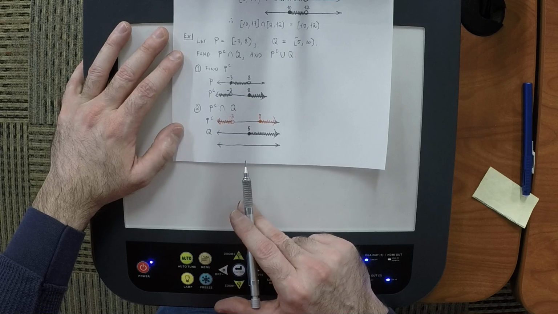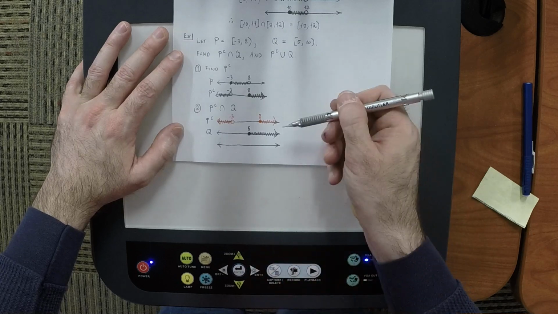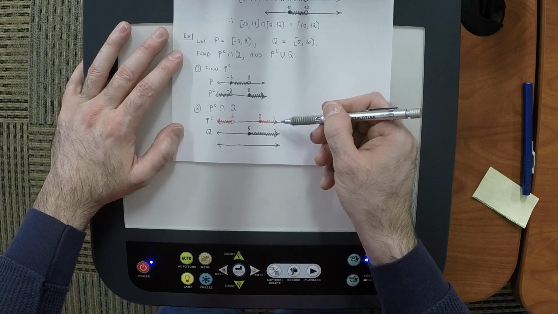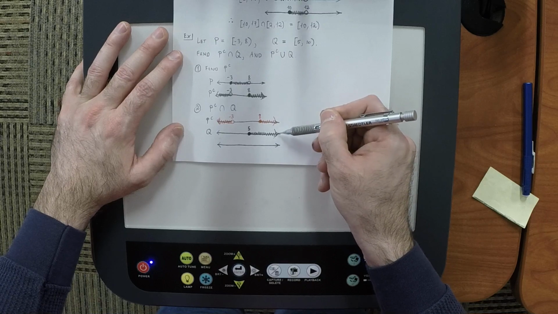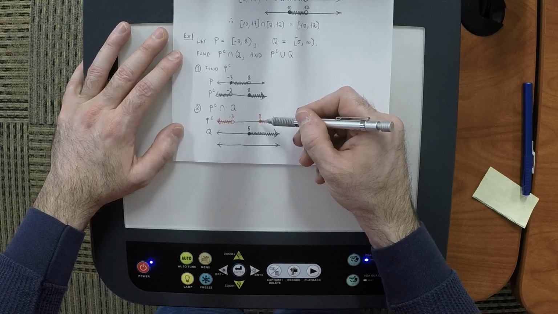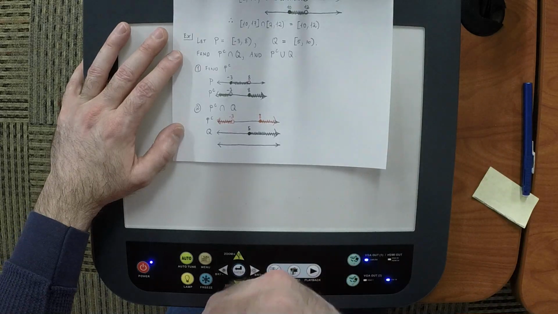Numbers that are on both lines, P complement and Q. Right. So we want all numbers that are in that set and also in that set. And in terms of coloring or shading, we want numbers that are colored red and also colored green. So we want both.